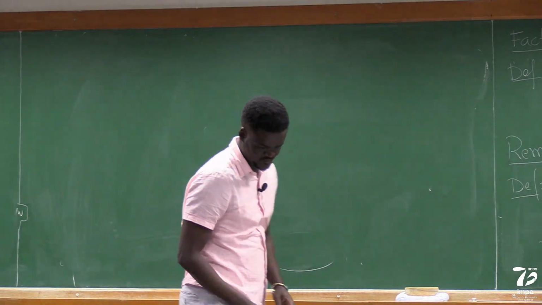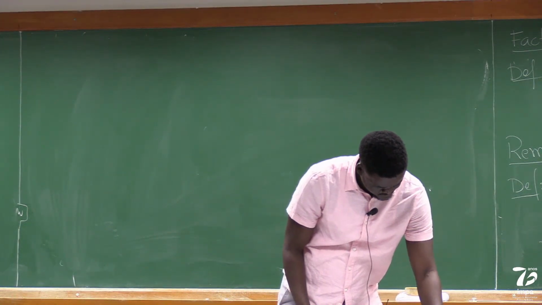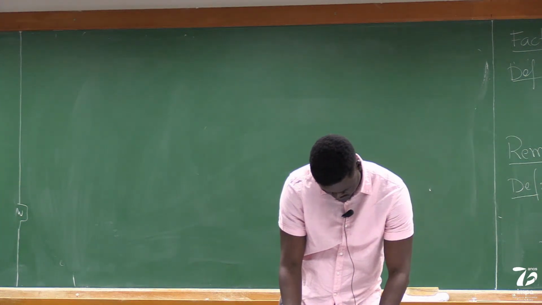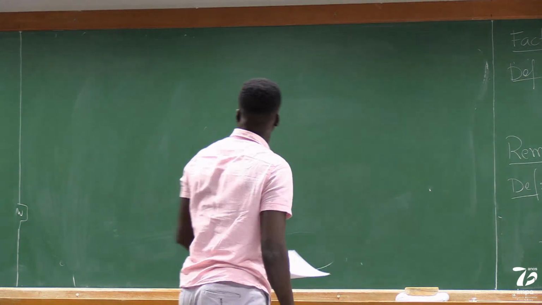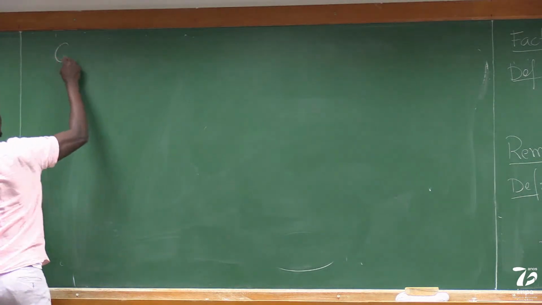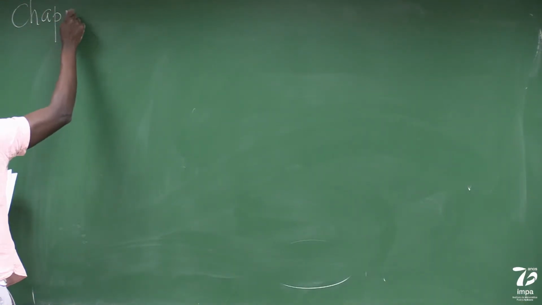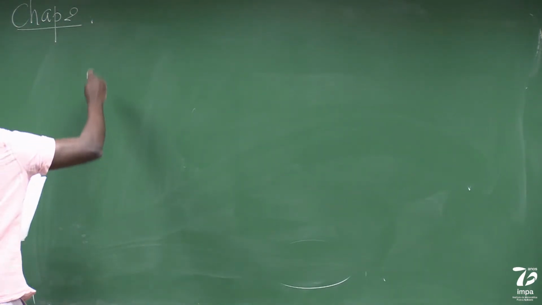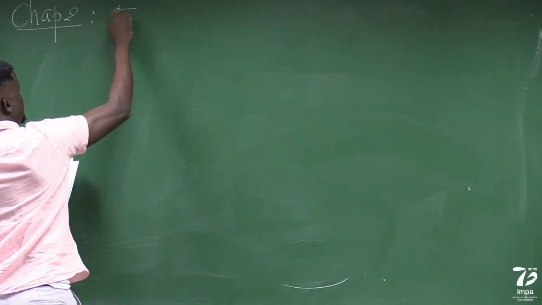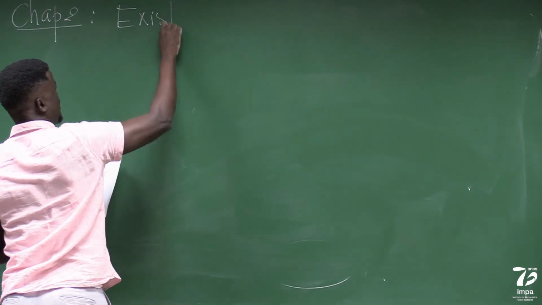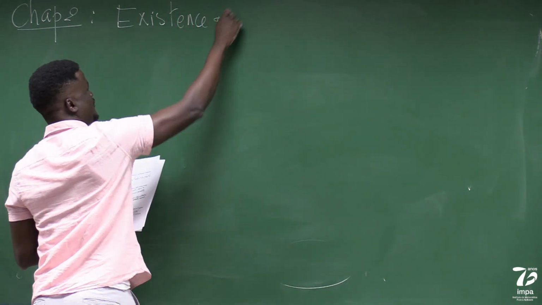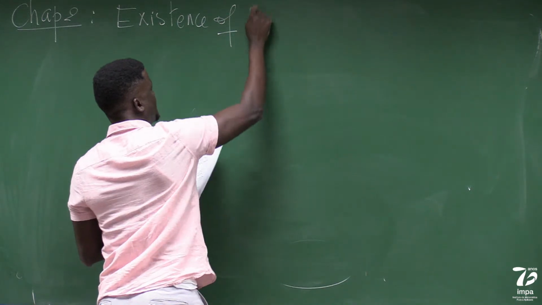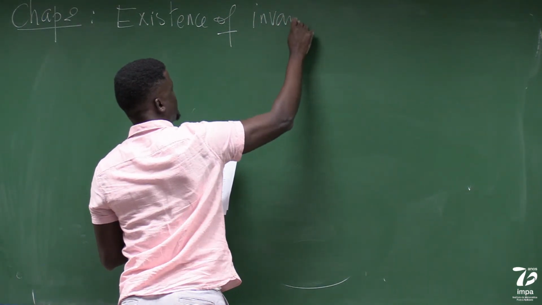So chapter 2. This will not take a lot; maybe by Wednesday we will close this chapter. Chapter 2 is about existence of invariant measures.